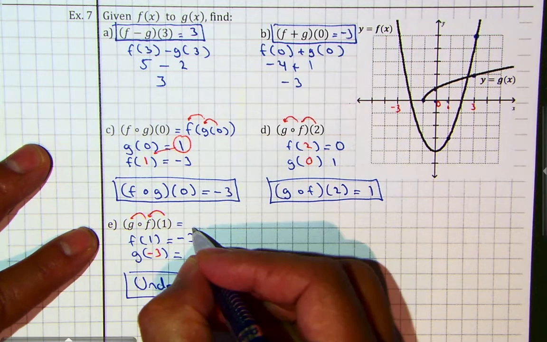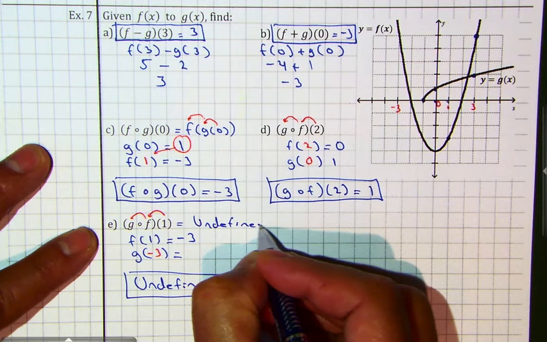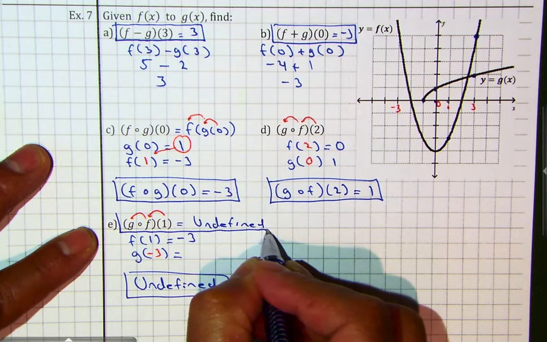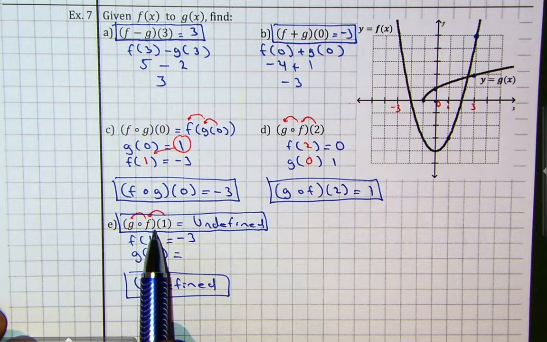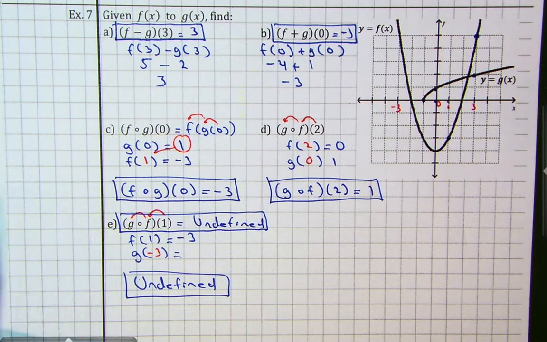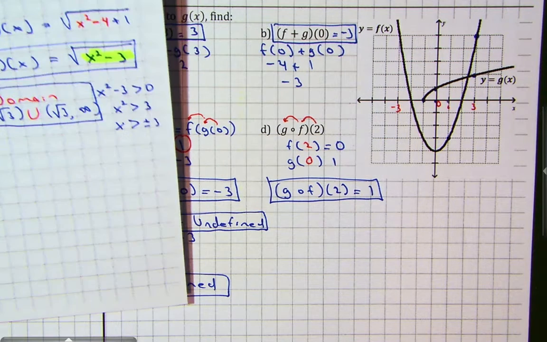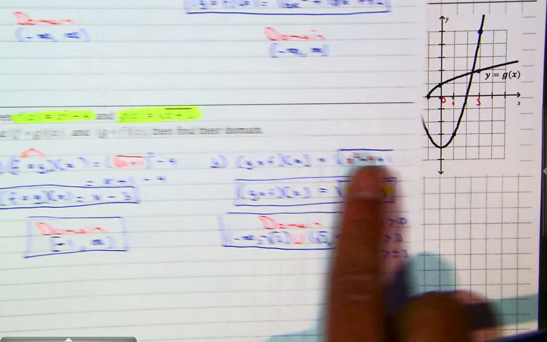And I should just write down for the notation. The fact that this becomes undefined means that this is also undefined. Now, if we go back to example number 3 or 5, notice that the equation that I give you here, x squared minus 4, is the parabola that's here.